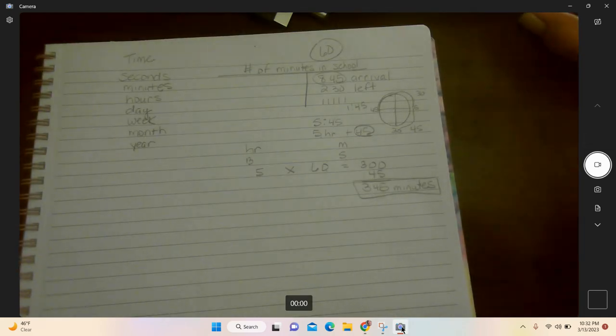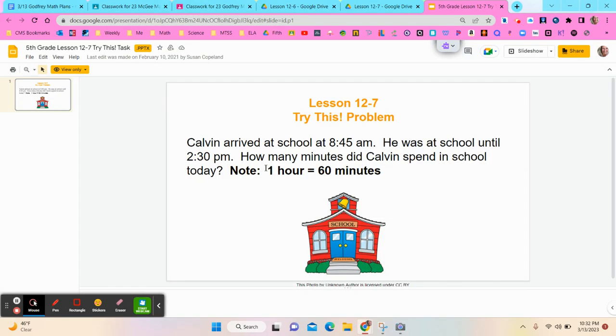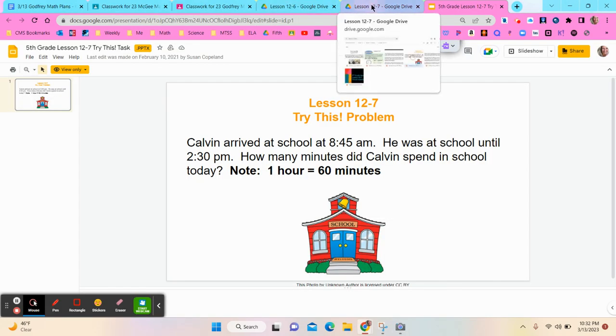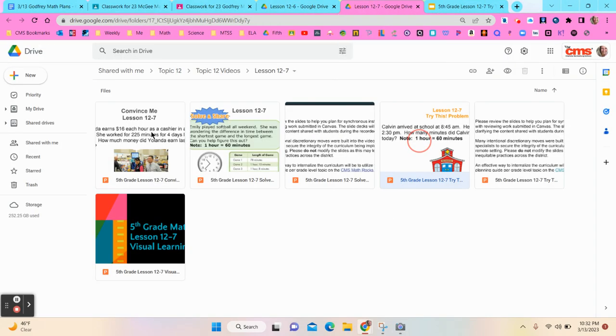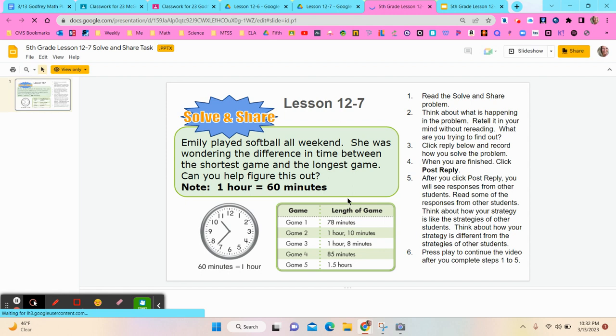Yay me. All right, let's look at one more. Let's see what we can do. All right, let's try the solve and share. The solve and share says, Emily played softball all weekend. She was wondering the difference in time between the shortest and the longest game. Can you help her figure this out?